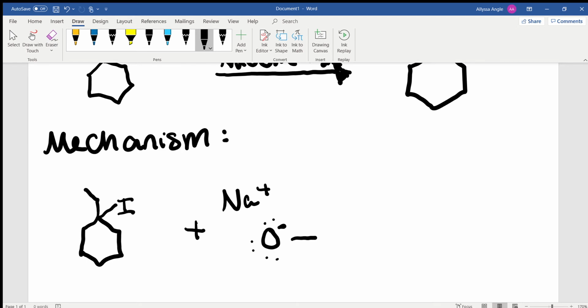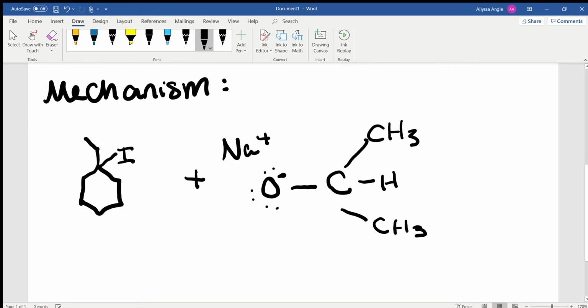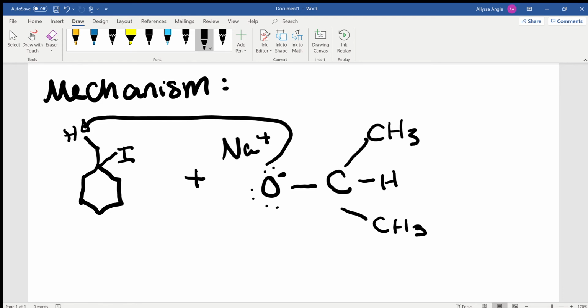And then the O with the CH3 groups. And so what happens here is we have, let me draw the H over here. We have the electrons from the O, and they are going to attack that hydrogen over there.